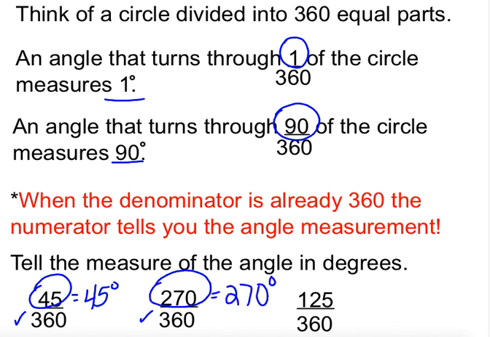And don't forget the degree symbol. Okay, and then 125 over 360. This becomes your angle measurement, okay? So this is pretty straightforward. If the denominator of your fraction is already 360, you look to the numerator and voila, there's your angle in degrees.